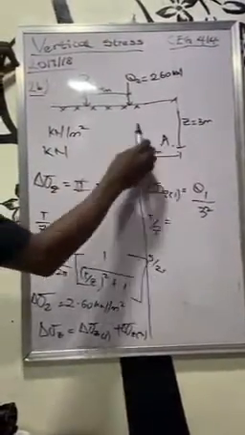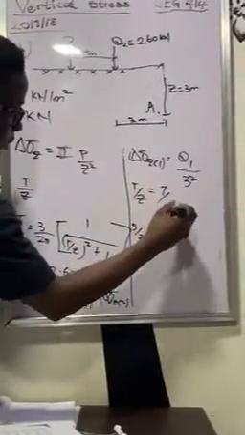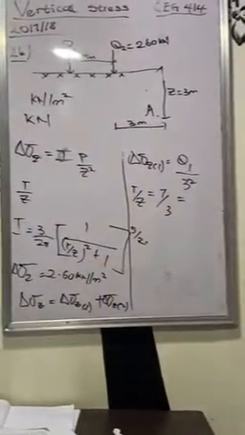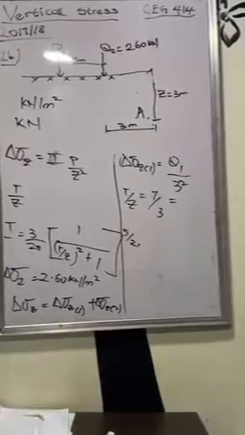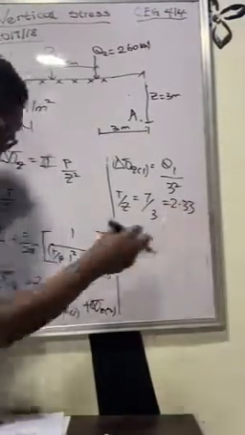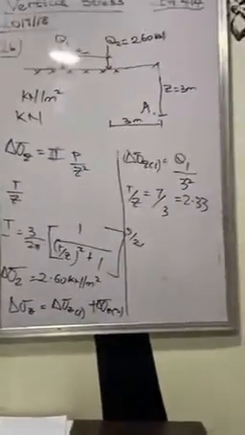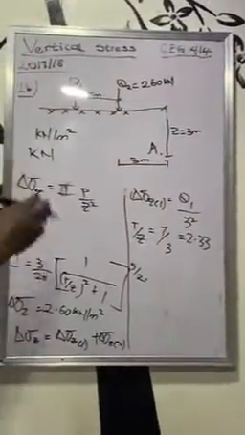So here is 3 meters, here is 4 meters. That means R here is going to be 7. 7 divided by 3 is 2.3333, something like that. Yeah, 2.33 something. So you just go to the tables.